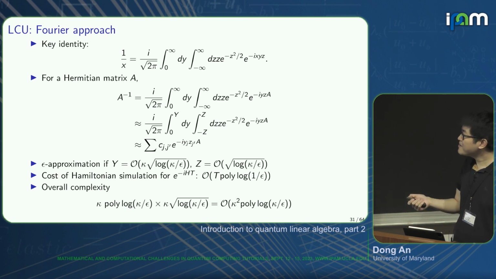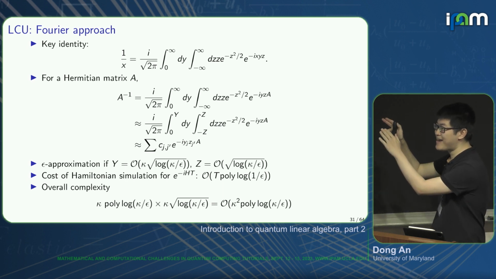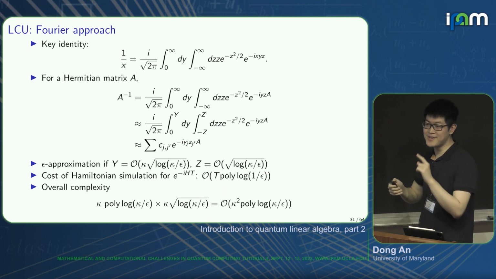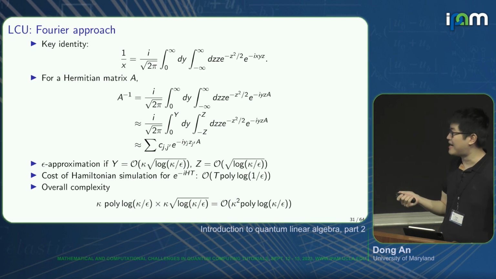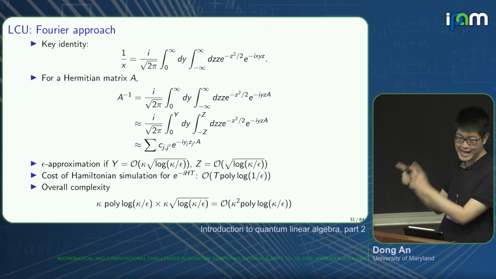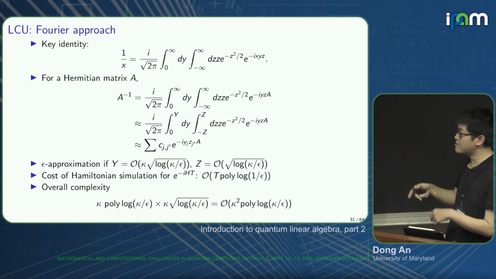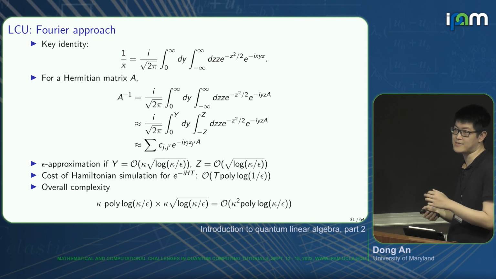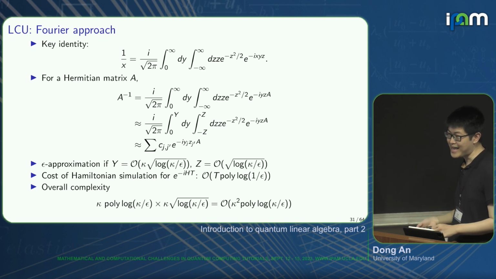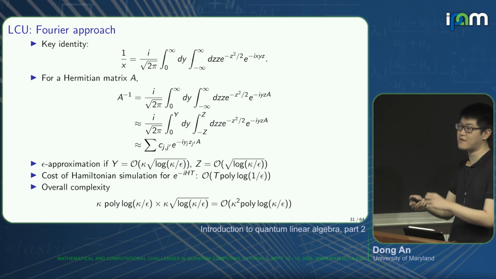Okay, so going back to the question of whether this is better than HHL or not: actually this is better. The reason is that it is better in terms of the epsilon dependence, because here we are using something similar to the Fourier expansion. You can expect it to have a nice decaying property and nice convergence results.